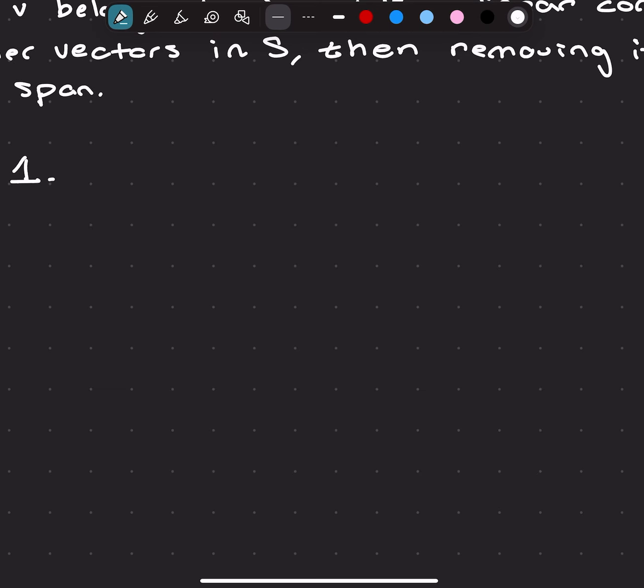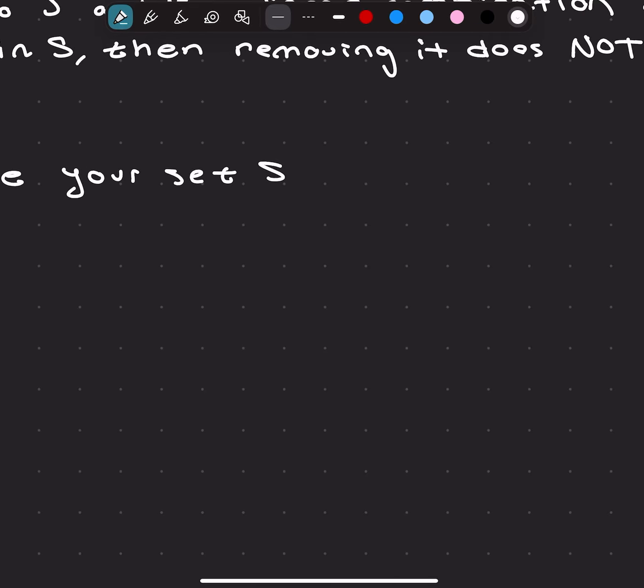Now, let's say your set S, whatever set it is, has a vector v that is redundant, meaning that other vectors in this set can already produce it.